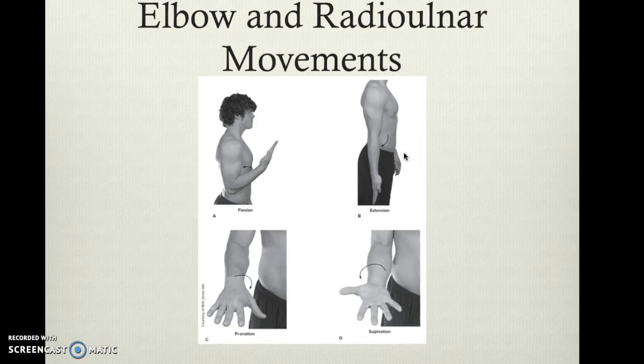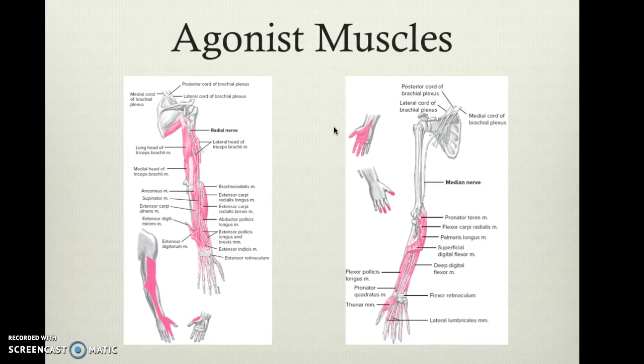As for movements of the elbow and radial ulnar joints, we have flexion and extension, and then we have pronation and supination. These two are at the radial ulnar, these two are at the elbow joints. The musculature that performs these movements are seen here, along with some other muscles of the forearm, which we'll discuss later.